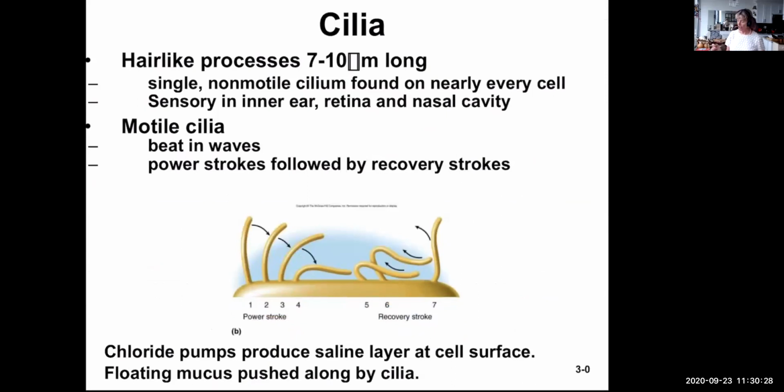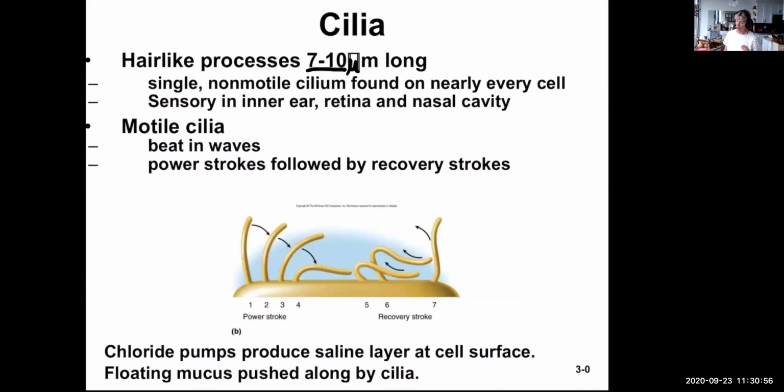Cilia are an extension of many cells. They're longer than microvilli, about 7 to 10 micrometers long. Sometimes they're called hairs. So for example, in your ears, you have hair cells, not really hairs at all. They are cilia.